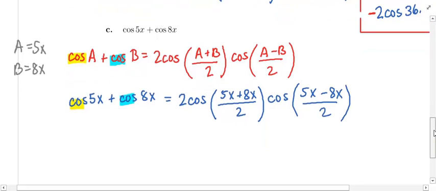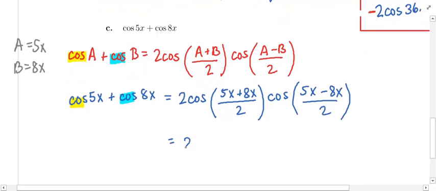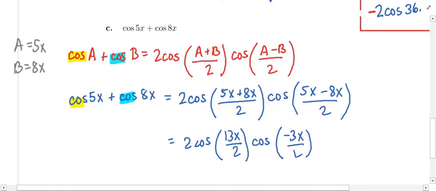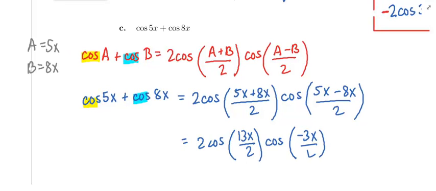Now we just simplify the arguments. This is going to be 2 times the cosine of 13x over 2 times the cosine of negative 3x over 2. Let me fix that really quick.